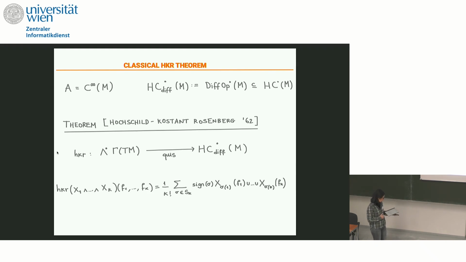Okay, so second problem, I have a quasi-isomorphism here, but I don't have the quasi-inverse, meaning I don't have the inverse in cohomology in this theorem. Or also, which is very much related, I don't have the homotopy, because whenever you have a quasi-isomorphism, it is the homotopy that tells you in which sense a quasi-isomorphism is a quasi-isomorphism and not an isomorphism.